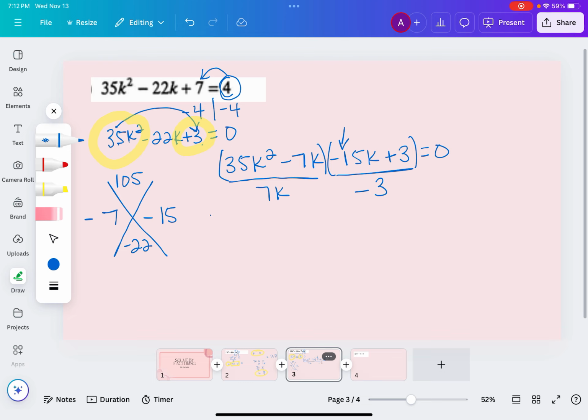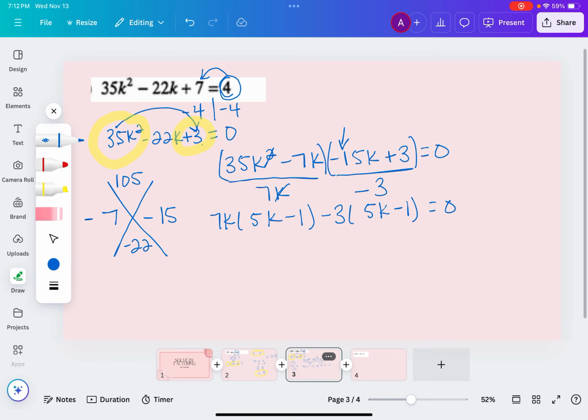Okay, let's go ahead, 7k. Go ahead and divide out. So 35 by 7 is 5, k squared by k is k. 7k and 7k is minus 1, minus 3. Negative 15k divided by negative 3 is 5k. 3 divided by negative 3 is negative 1.